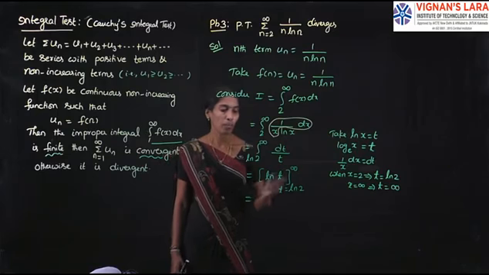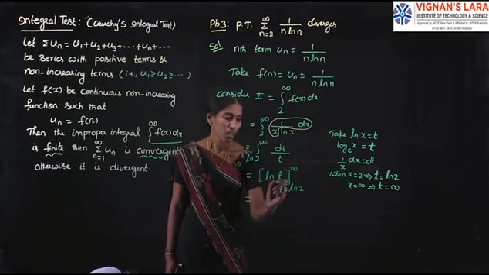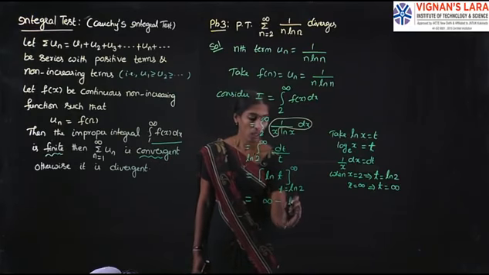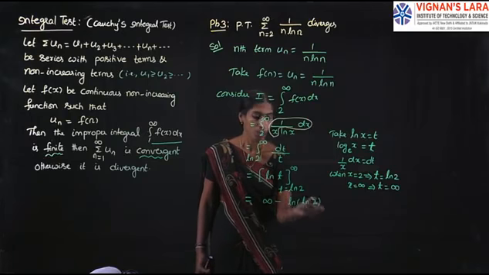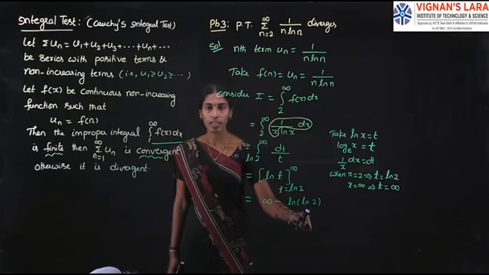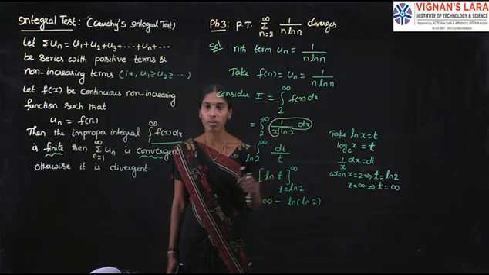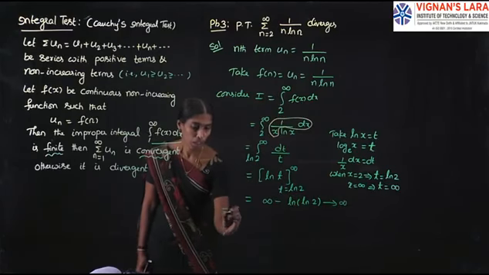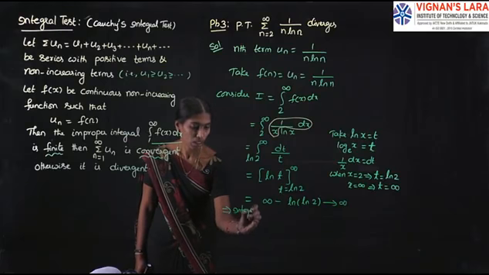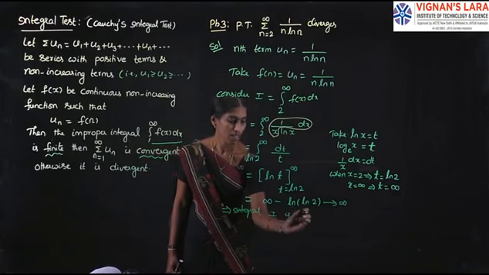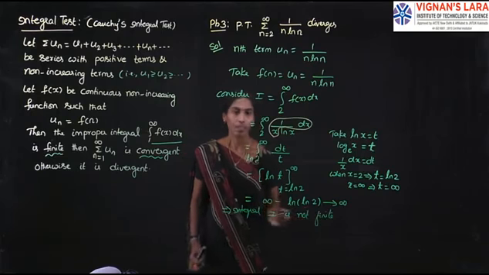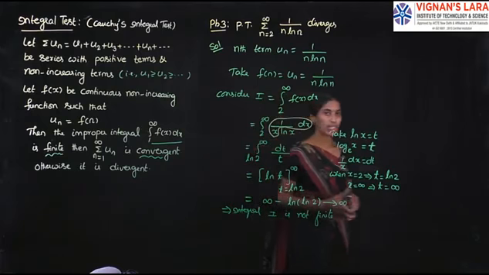Substitute the upper limit infinity: ln of infinity is infinity, minus, put the lower limit ln of 2. Because ln of 2 is a finite value, again ln of a finite value is finite. Infinity minus a finite value always tends to infinity. This implies integral I is not finite. If it is finite, the corresponding series is convergent.